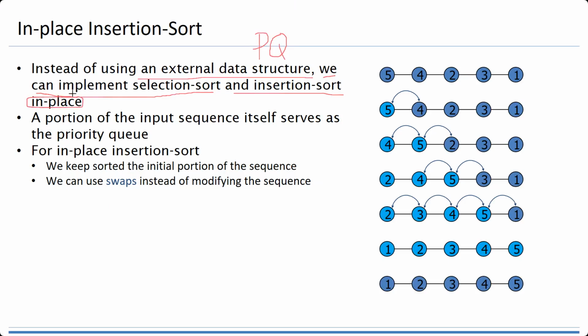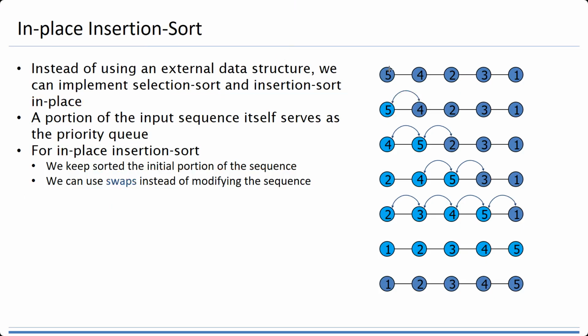In place means a portion of the input sequence itself serves as the priority queue. So if we have 5, 4, 2, 3, 1, we can do it in place. In place means we just use the position. So we keep the initial portion of the sequence sorted and then swap.